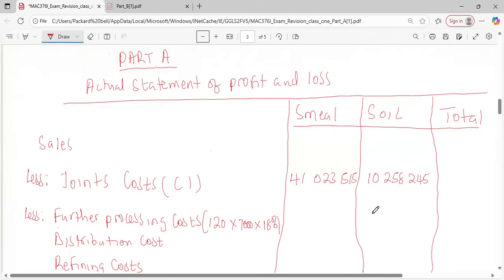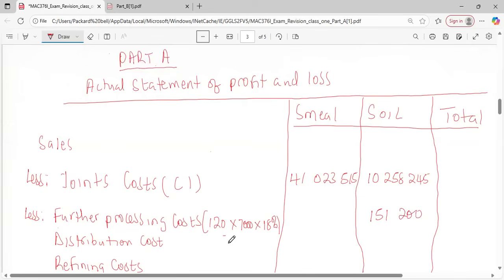That gives 151,200. Am I correct? Just double check there. Right, so that's the further processing cost, this one.